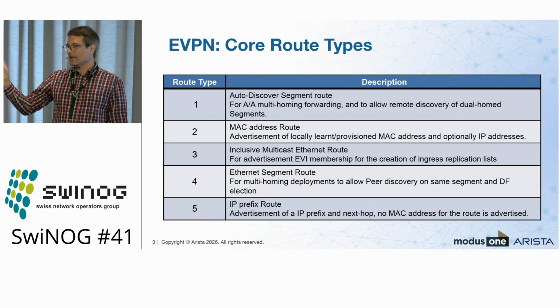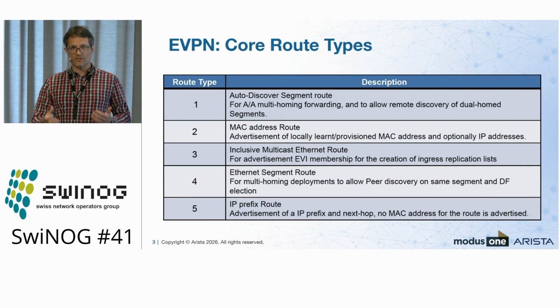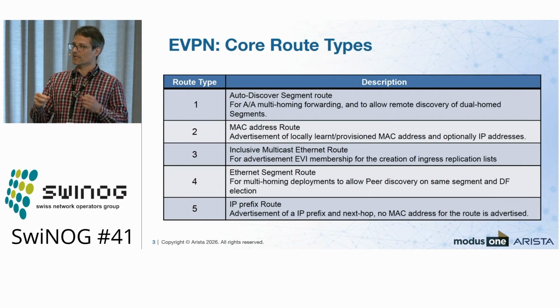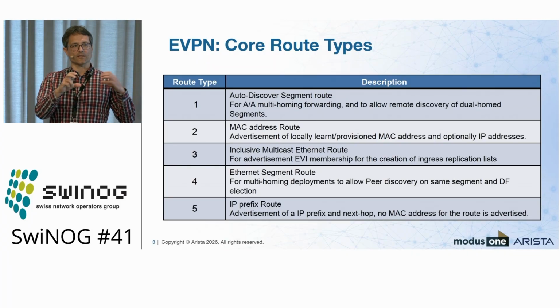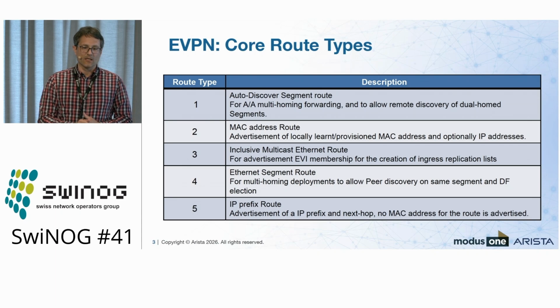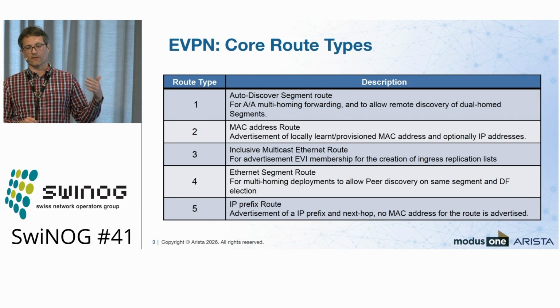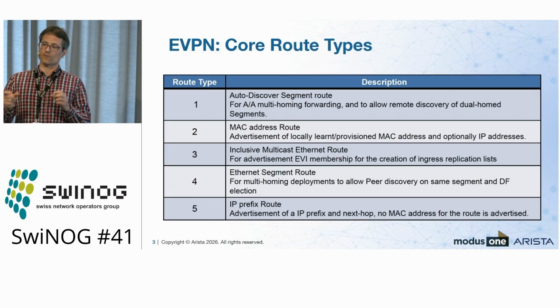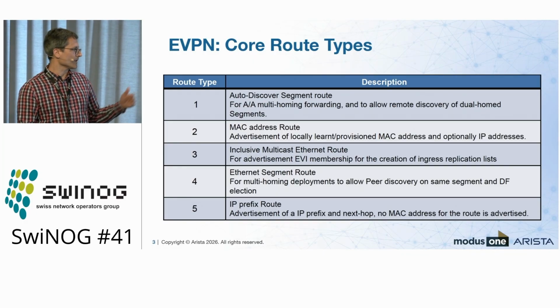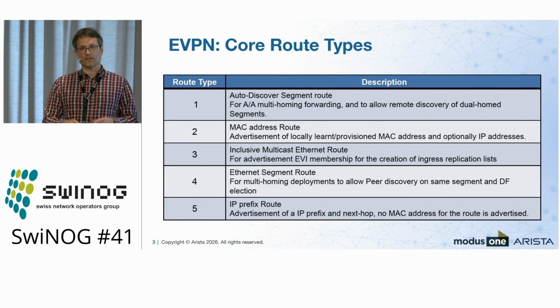Within this EVPN address family, as you might have heard, we talk about different route types to signal different things we have in the network to build these layer 2 and layer 3 VPNs. We use, for example, route type 2 to signal MAC addresses or also ARP entries. We use type 5 to implement layer 3 VPNs to announce IP prefixes.